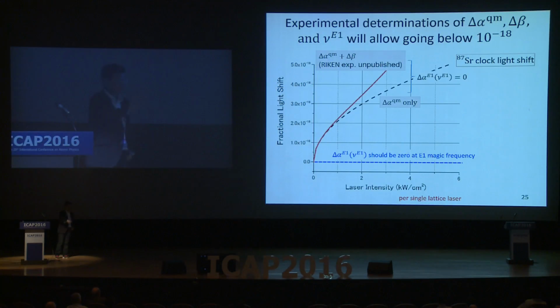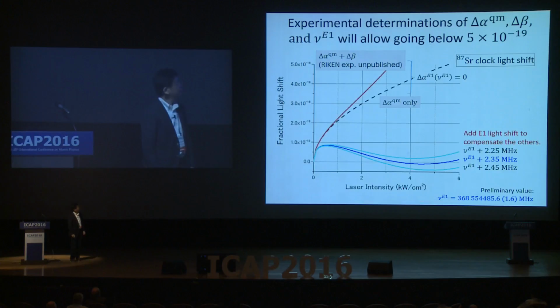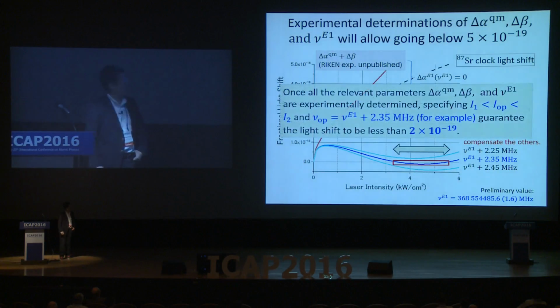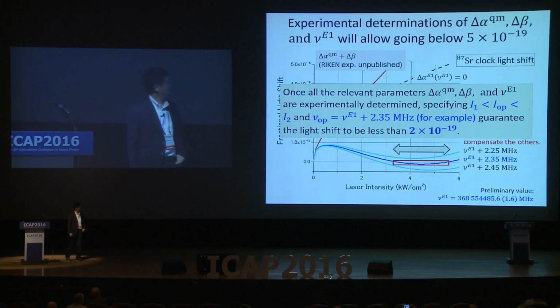These effects can be tuned by slightly detuning the lattice frequency in this way. By doing so, we can realize very small lattice uncertainty with a large intensity margin. By doing so, we hope to achieve 2 times 10 to the minus 19 in a few years.